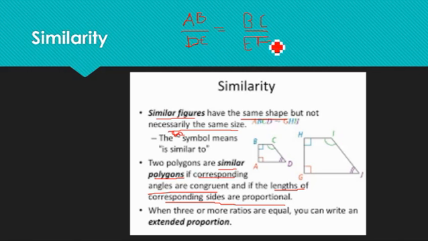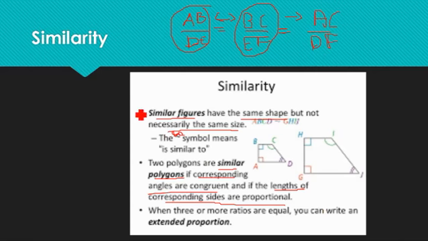An extended proportion just means that you're going to say that something else is also equal to those two things. So it's just one long extended proportion. You're just extending the proportion. You're saying that this ratio and this ratio are equal to each other, but they're both also equal to this next one, which I believe would be something like that.